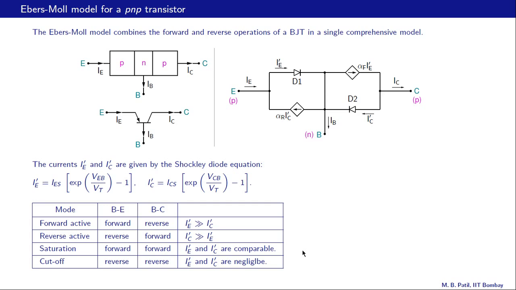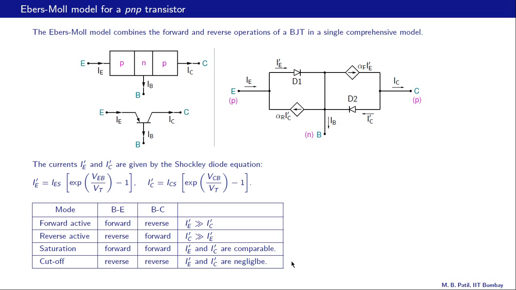And as we said, the Ebers-Moll model can be used for any of these modes, and that's a very attractive feature of this model, and is therefore commonly used in circuit simulators.